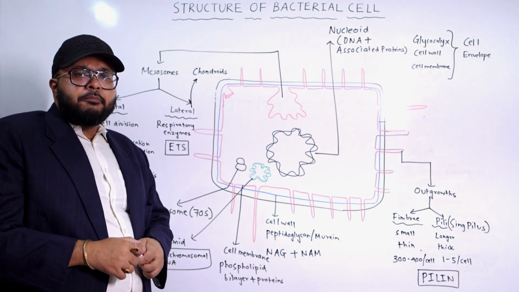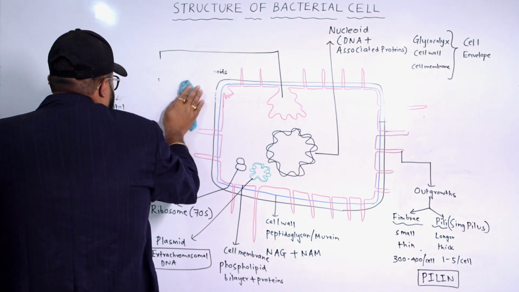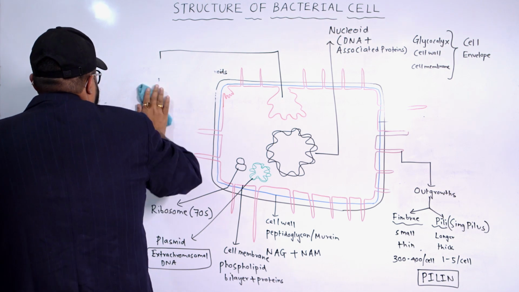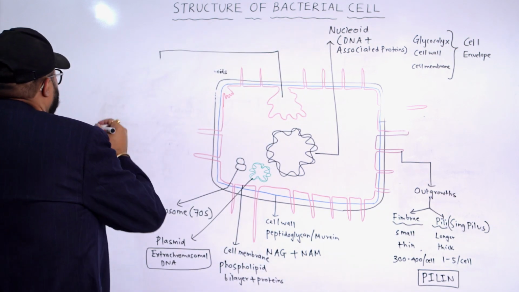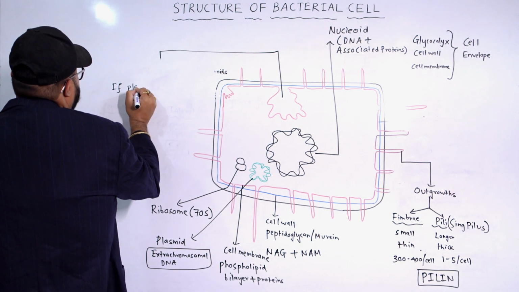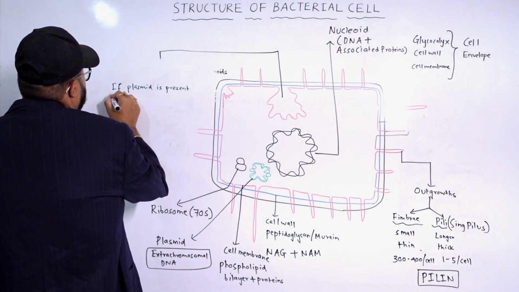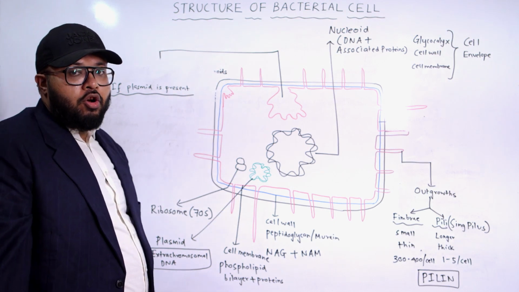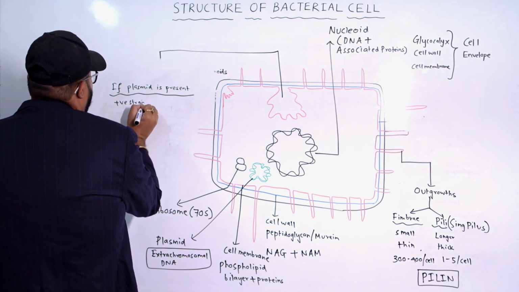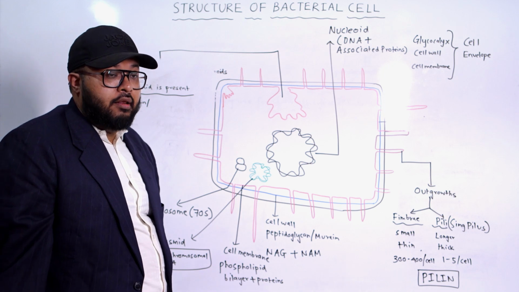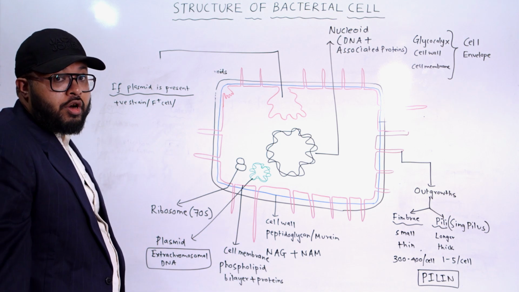If plasmid is present in a bacterial cell, then the bacteria is said to be of positive strain, or F plus cell, or donor cell.